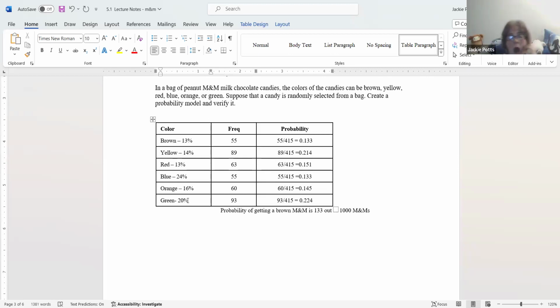What do you think? Look at that blue. We only got 13%, but according to the website they're saying 24%. The green's higher than what they're saying, but look at the yellow. That's the other one that's off. The yellow's way higher than what it should be. But those are true numbers.